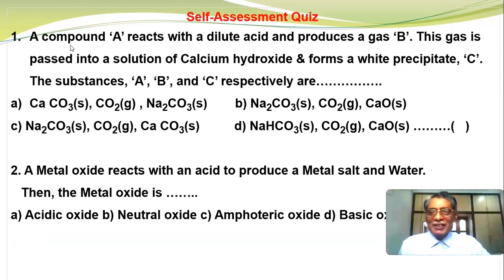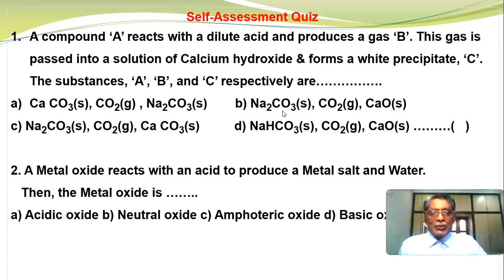Question 1. A compound A reacts with a dilute acid and produces a gas B. This gas is passed into a solution of calcium hydroxide and forms a white precipitate C. The substances A, B, and C respectively are: Option A, CaCO3, CO2, Na2CO3.